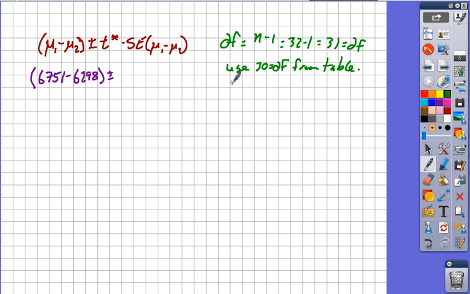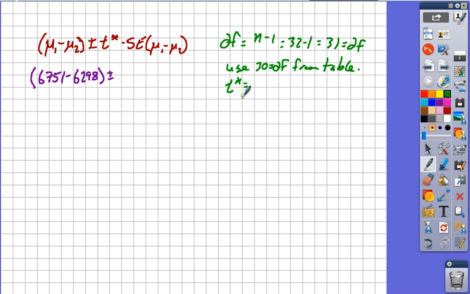And we're going to find that t star equals what? So go to 30 degrees of freedom, and then what confidence interval are we going to do that corresponds with an alpha level of 5% of a two-tailed test? So remember, if the alpha level is 5%, that had to mean 2.5% on each side. So 2.5% on each side really means a 95% confidence interval for the two-sided test.